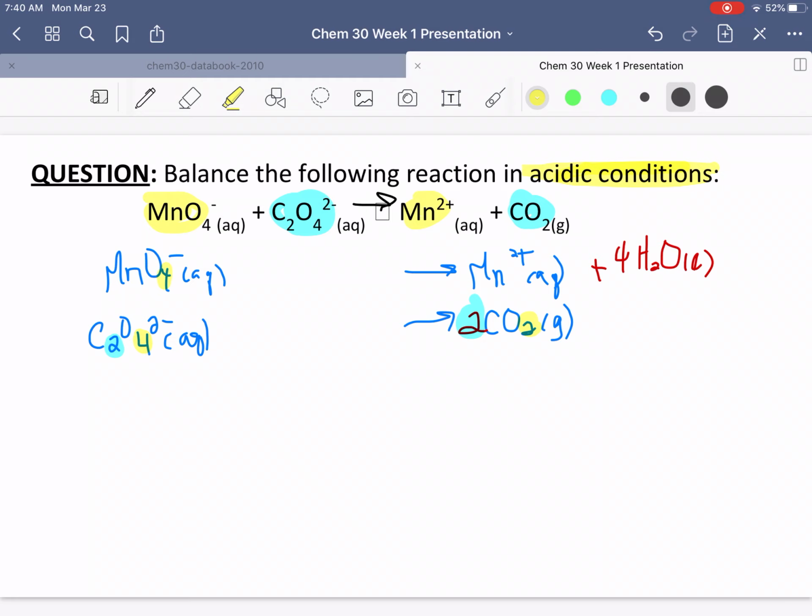Okay, work on the hydrogens. Hydrogen on top, I've got 8 of them that are being produced, 4 times 2, which means I have to react 8 hydrogens as well. Step 4 is now done.